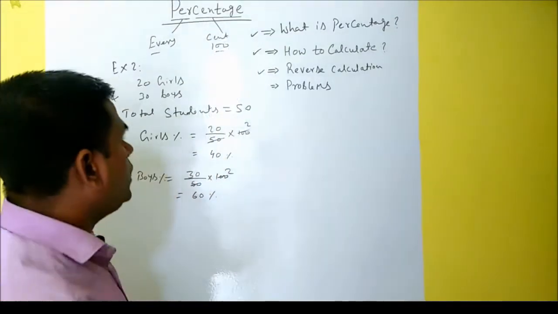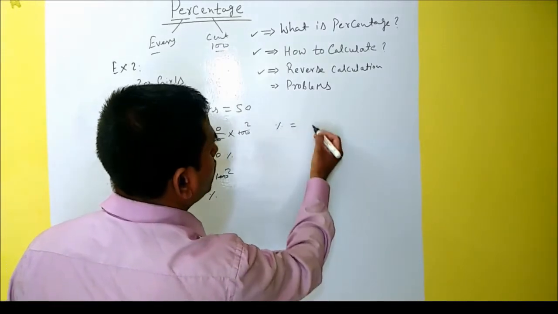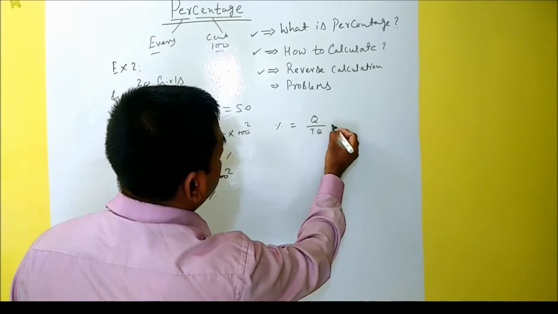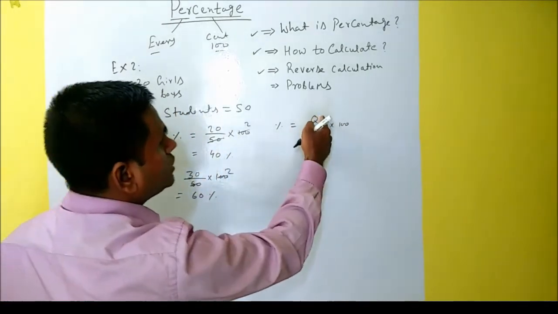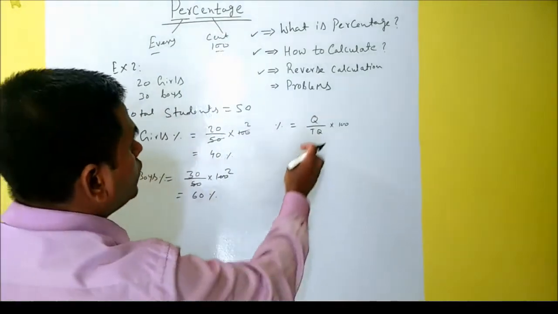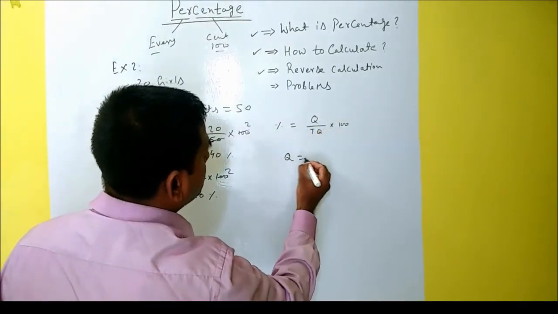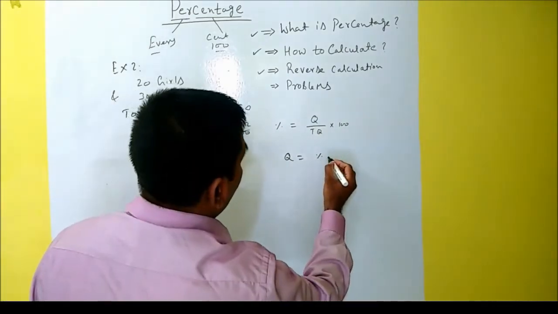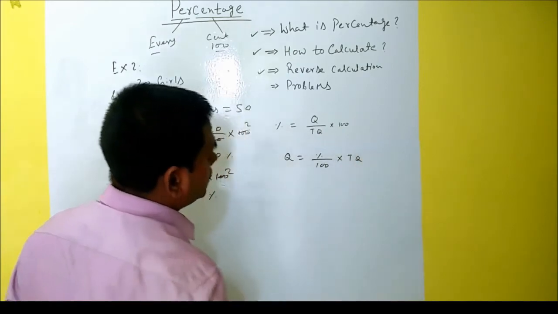So if I have to use the formula, let's say for percentage, what is the formula we used? We used quantity by total quantity into 100. So if in the reverse calculation you have to find the quantity, we can shift these to this side. So quantity is equal to percentage which is given, divided by 100 multiplied by total quantity.